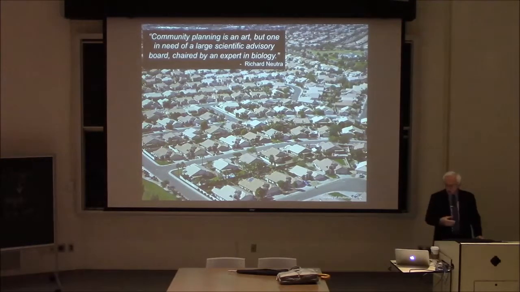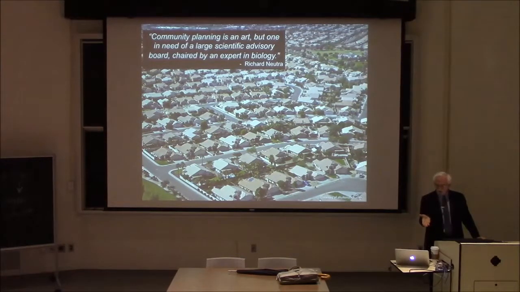And this guy here, Richard Neutra, was one of the very early pioneers of planning back in the 1950s. He was one of the first to state that when doing planning, you really needed to take into account a lot of different things, not just what you wanted to build on the immediate site, but the environment around it, the economics of it.